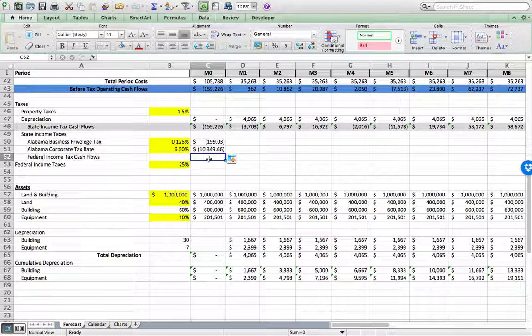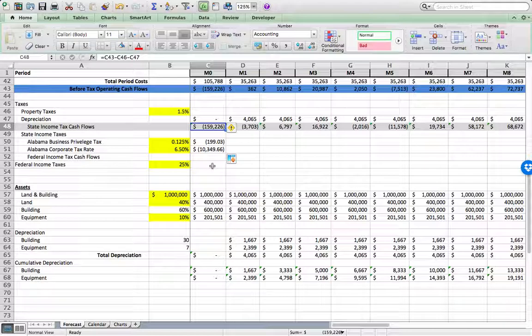And that federal income tax amount is actually equal to the before tax amount minus property taxes, because property taxes get deducted. Well, I guess for tax purposes, we'll just say it is this amount.